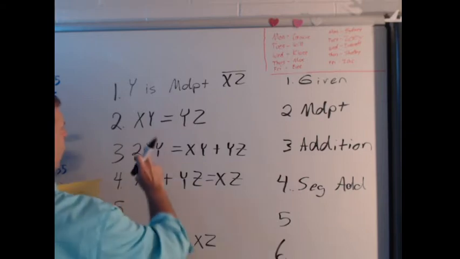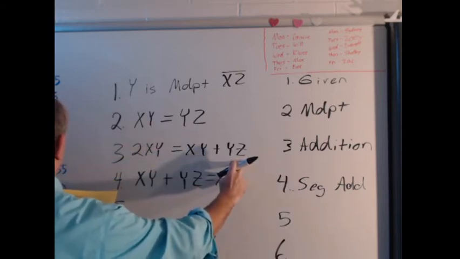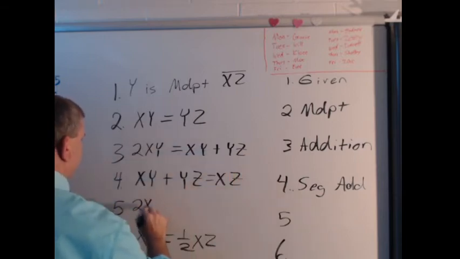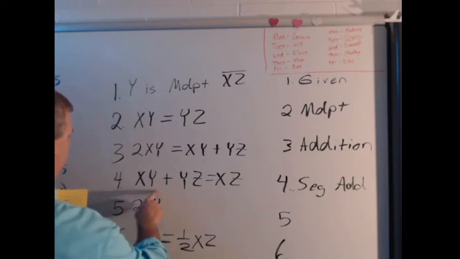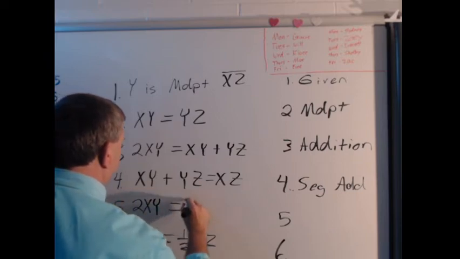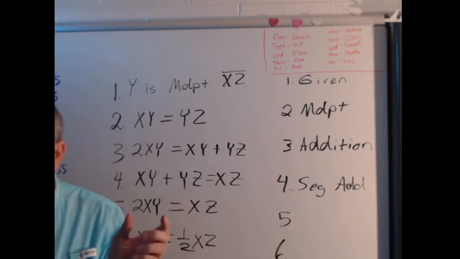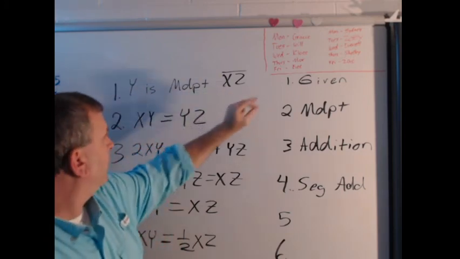Just like I had 2xy is equal here. Okay? Well, now, if I take 2xy, I know it's going to equal xz. Because if y is the midpoint, then I know xy and yz are equal.